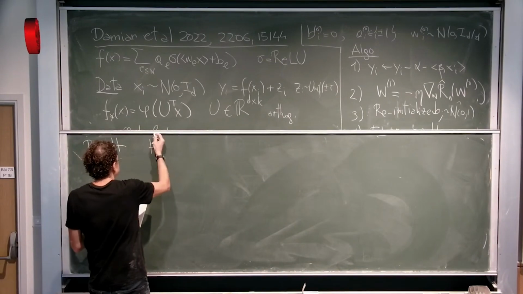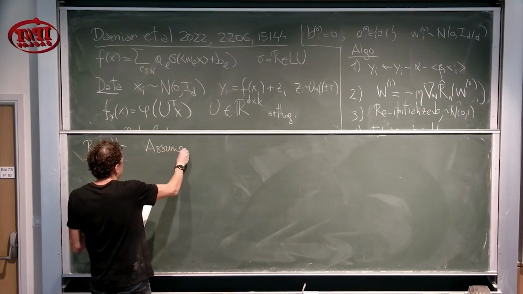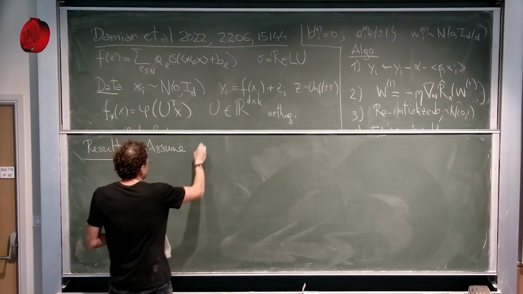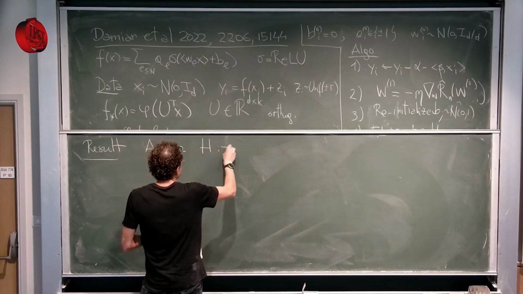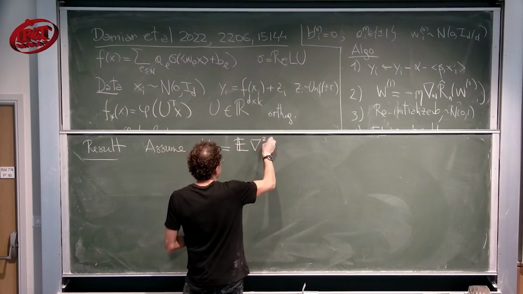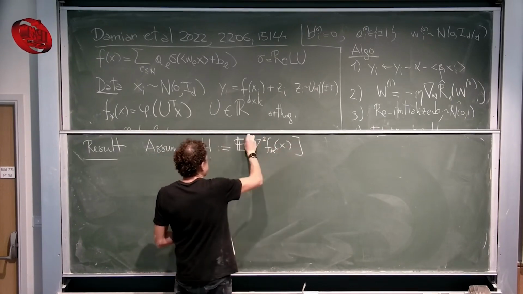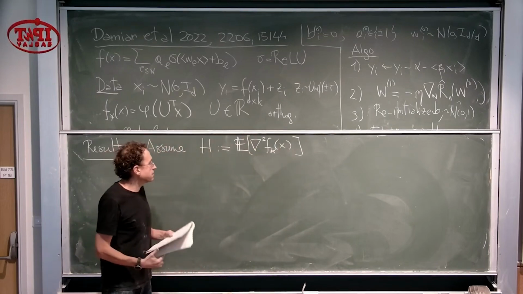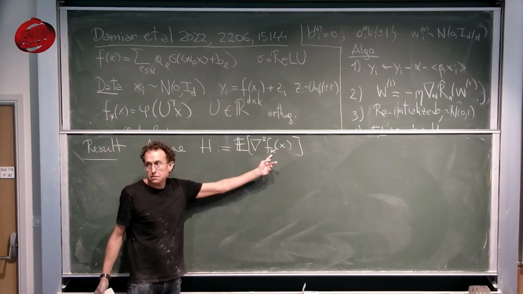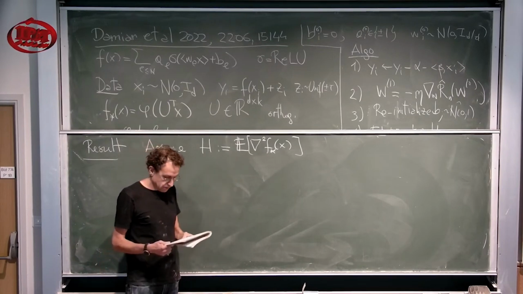One of the assumptions is that you look at the matrix of second derivatives of the target function, the expectation. Here, this is the Hessian of the target, and you take the expectation of the Hessian.